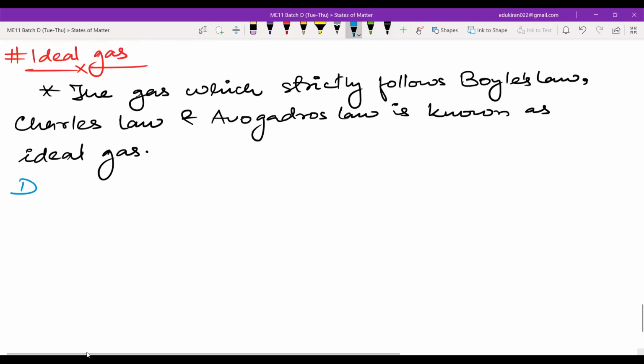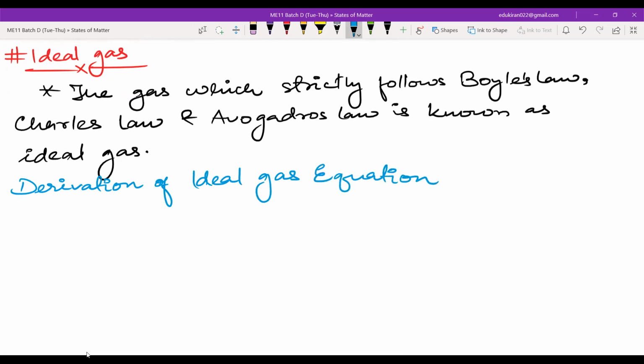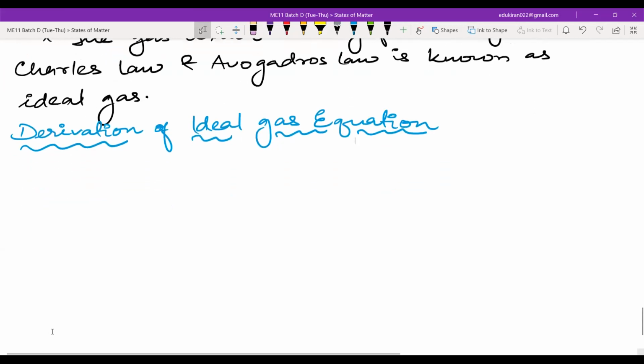So right here, derivation of the ideal gas equation. Please listen, don't write here.